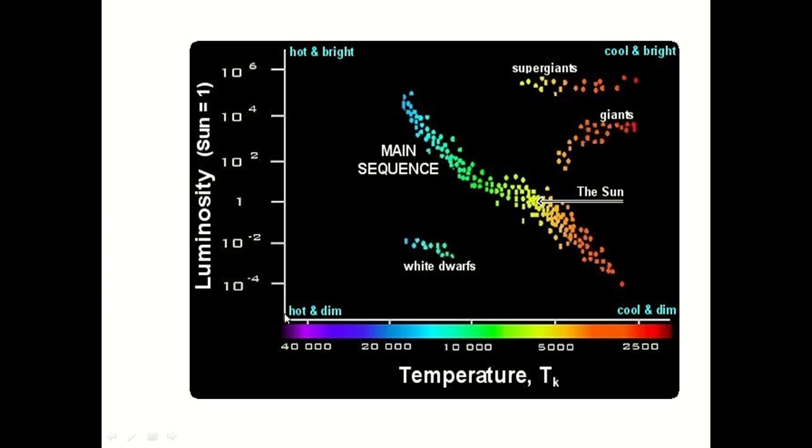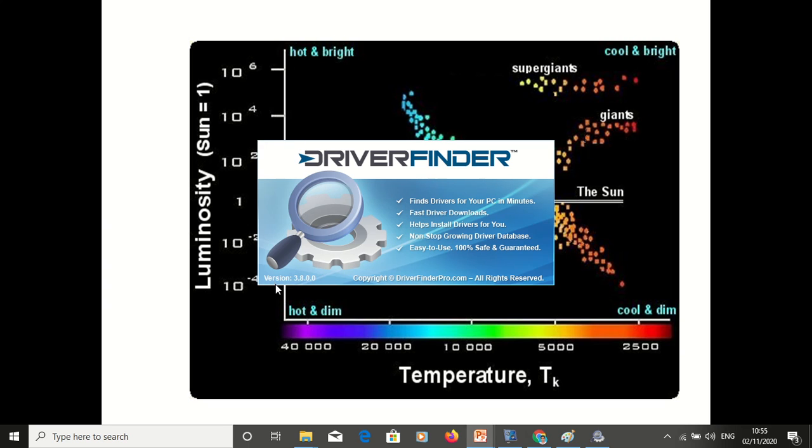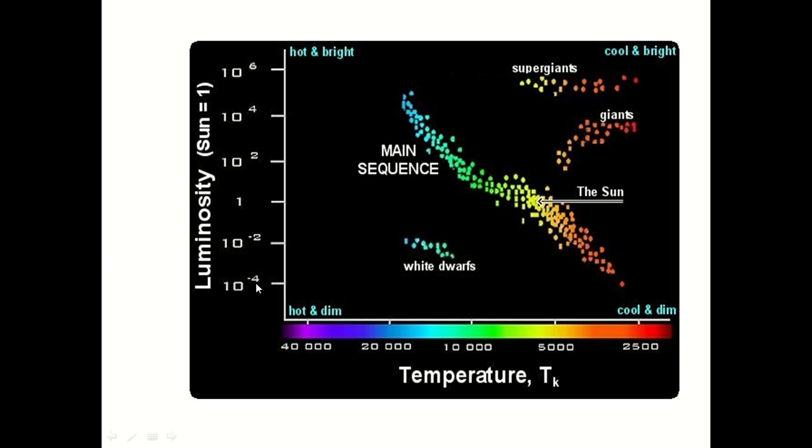And when you go along the vertical axis from bottom to top, you can see that the luminosity of the star is increasing, or the brightness of the star is increasing.